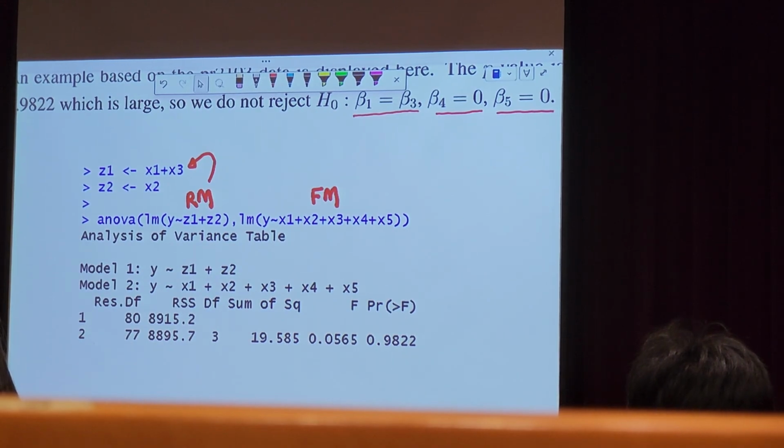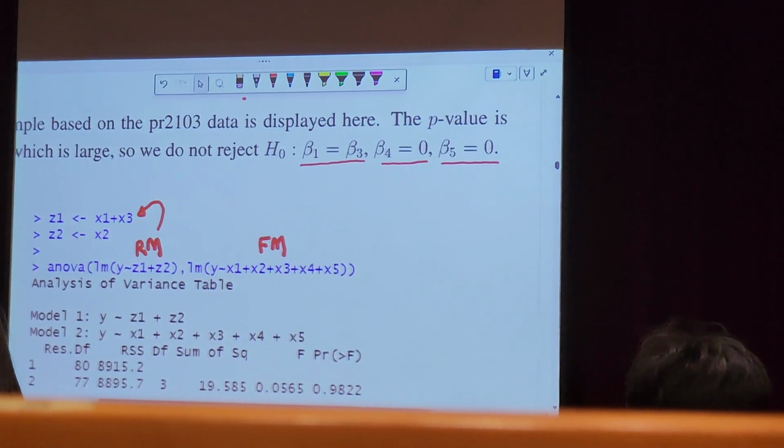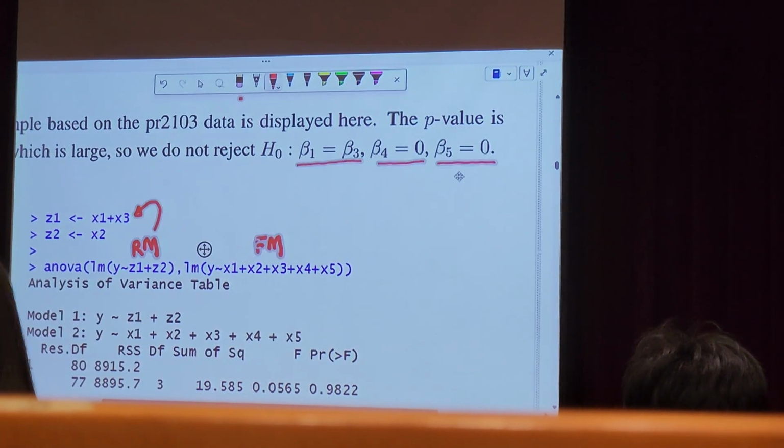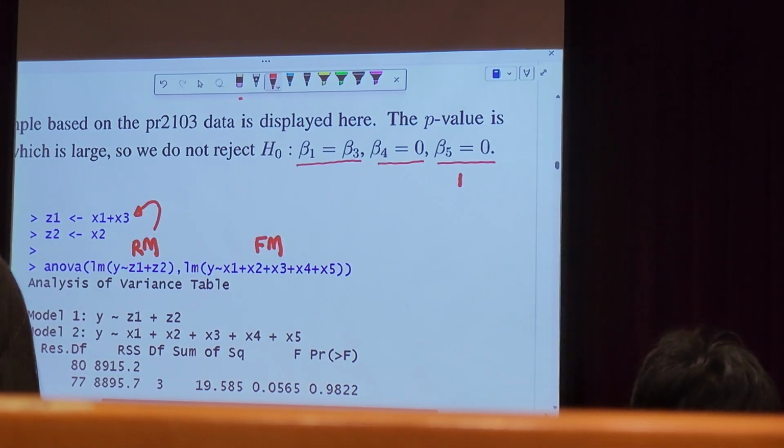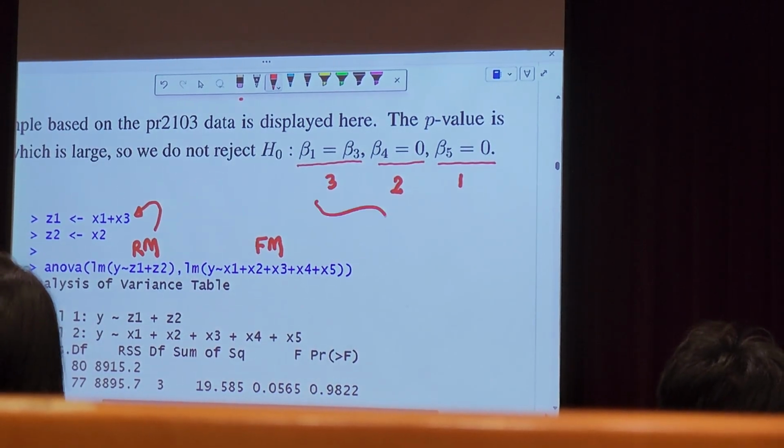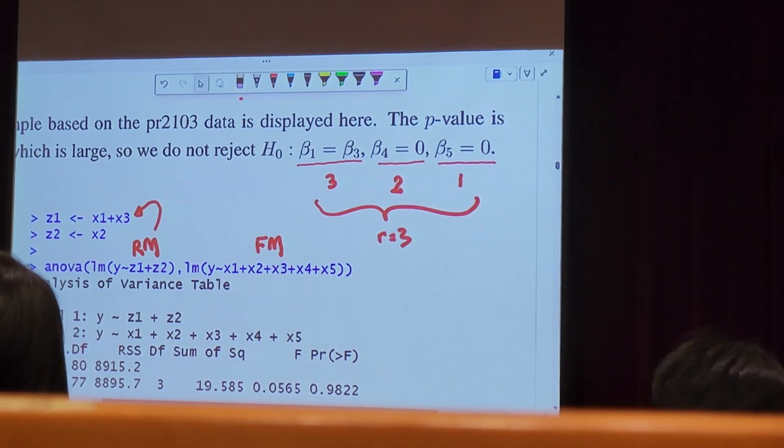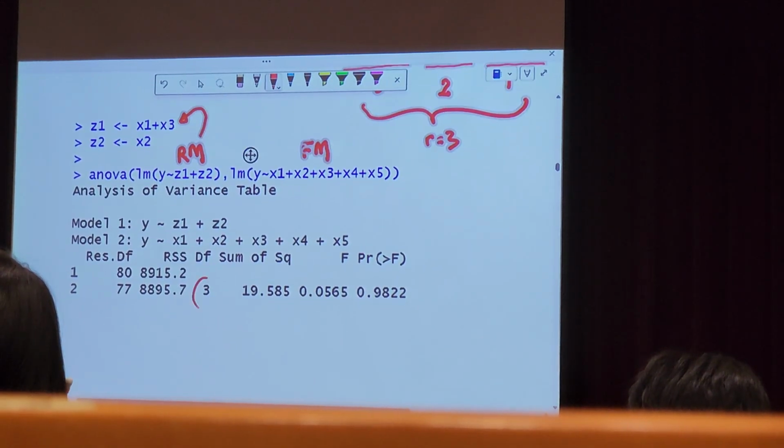Now, what is the degree of freedom for this test? Well, we are testing 1 constraint on the betas, 2 constraints, 3 constraints. So R is 3, which is here.